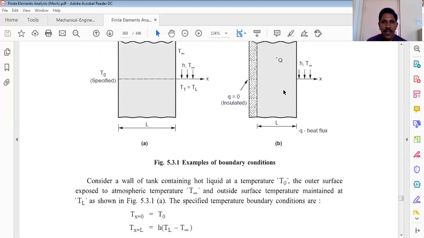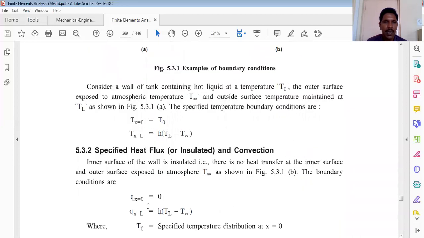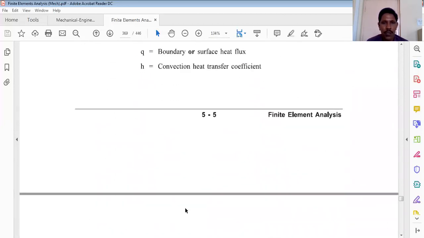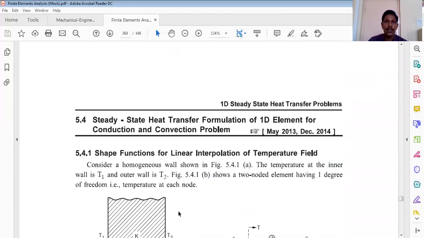And for specified convective boundary conditions, it can be expressed as at x equal to 0, Q is 0, that is, heat flux is 0. At x equal to L, Q is expressed as h into TL minus T infinity. So these are the two boundary conditions.